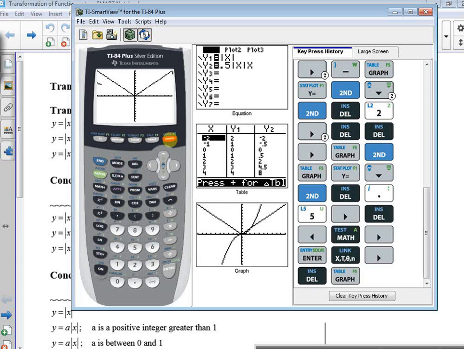There's the absolute value of x. When we do the 1/2 of the absolute value of x, it gets wider, and that's called a vertical shrink.